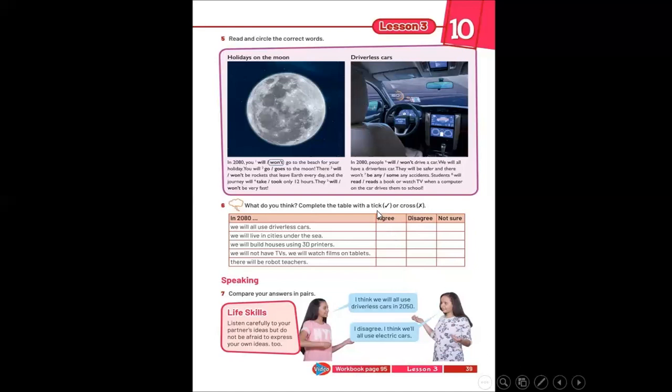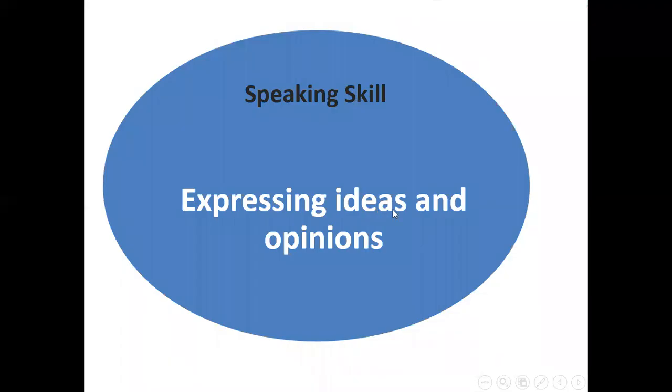So here we come to the third part, very important: speaking skill. We will improve your speaking skill through expressing ideas and opinions. You will express your ideas and opinions about anything, in your speech, in your talking.